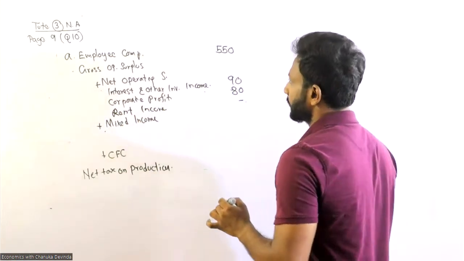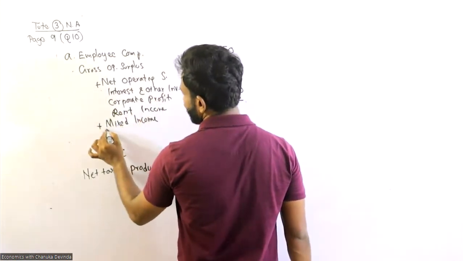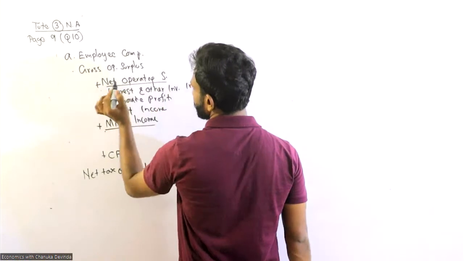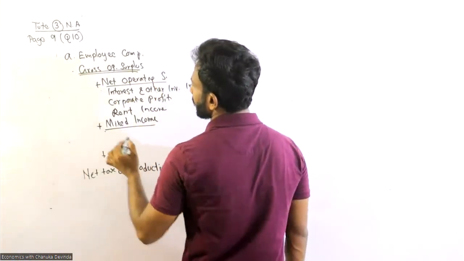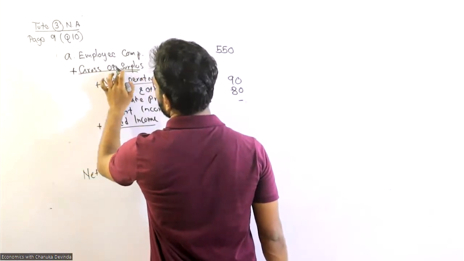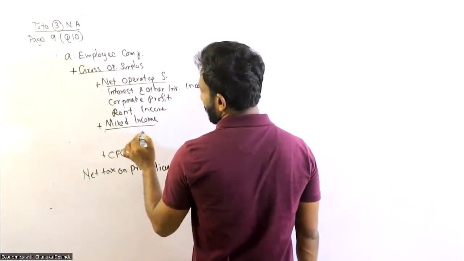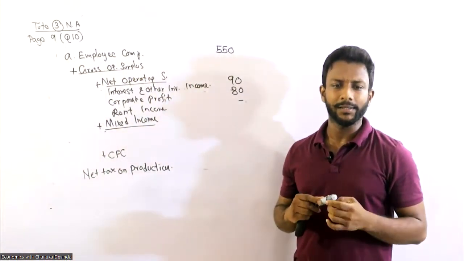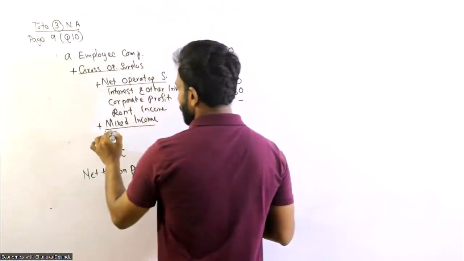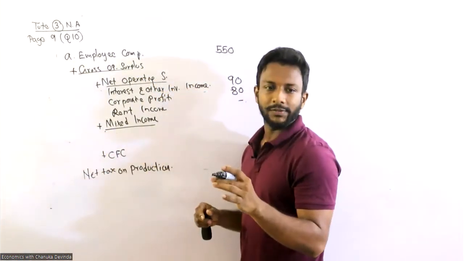Mixed income. How to calculate mixed income? Mixed income was non-corporate profit, and mixed income is 70. And also farmers' income was there.